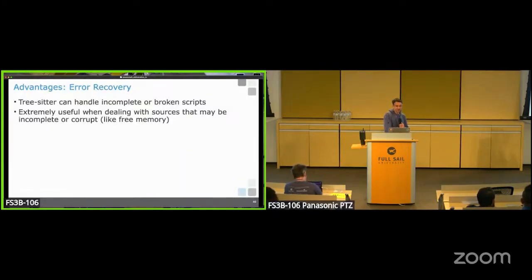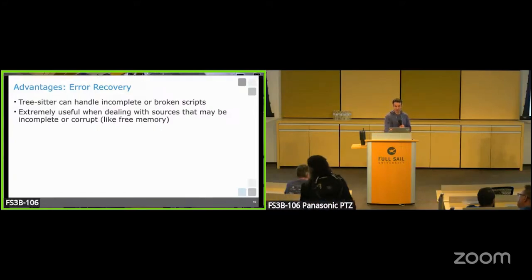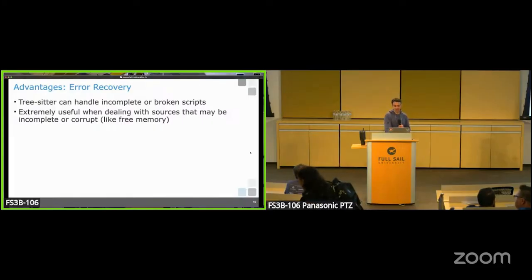Another huge advantage that TreeSitter has is error recovery. It can handle incomplete or broken scripts. It just replaces wherever it stops parsing valid source code with an error node. So it allows you to actually deobfuscate it, even if it's not a completely valid script.